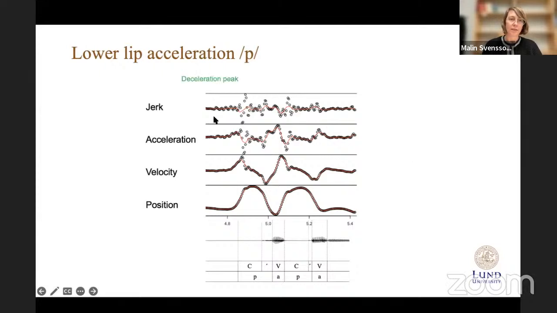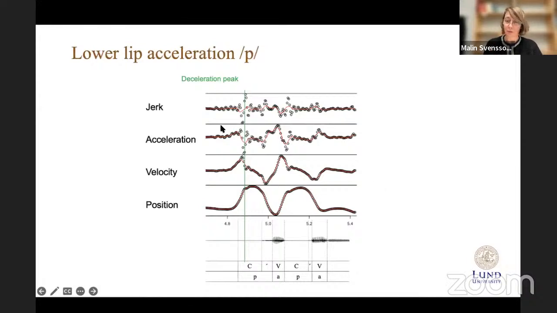And we can see that there is a deceleration peak at the start of the plosive. And please note that this is not at the segment boundary, because this is actually in phrase initial position, and I mistakenly put the boundary too early. So I could shift it now when I know when the consonants really start.